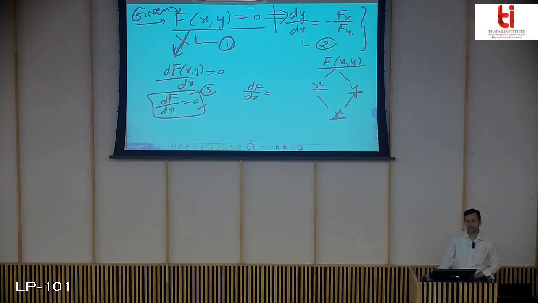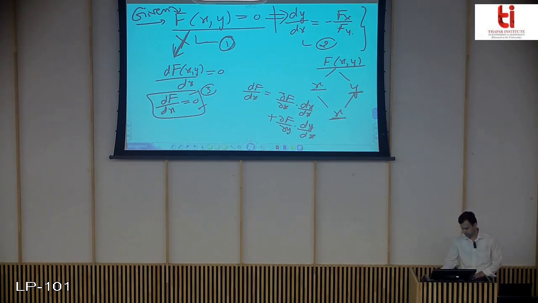If y is again a function of x, it is a single variable. So using the chain rule, it is del f by del x times dx/dx plus del f by del y times dy/dx.